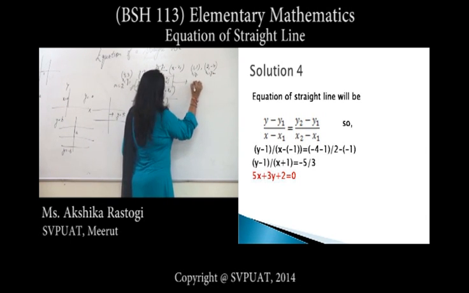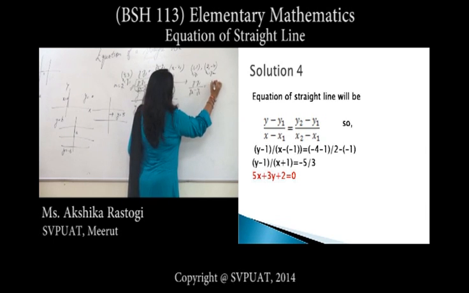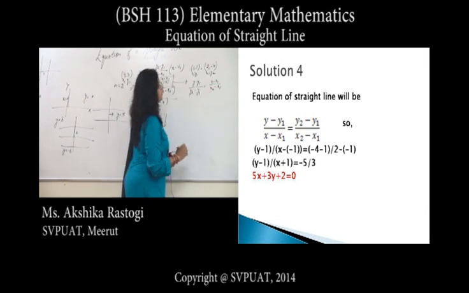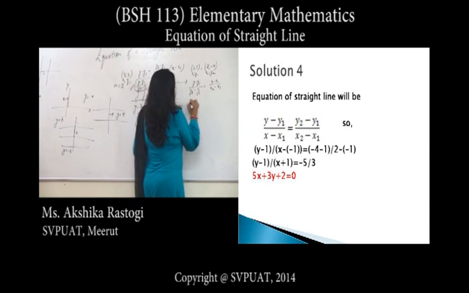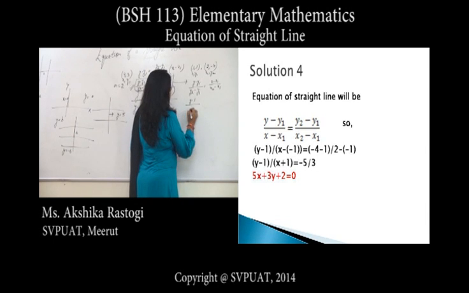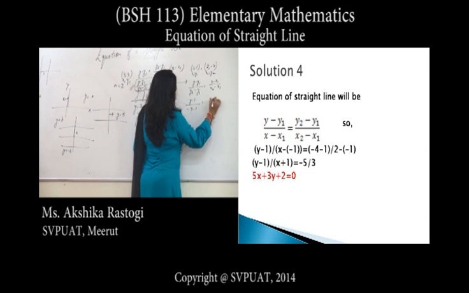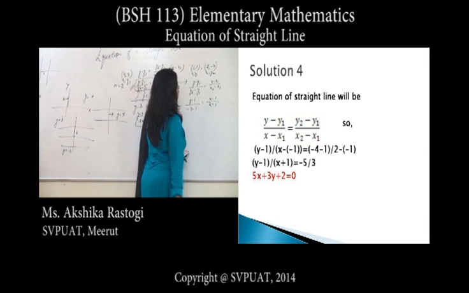Our standard equation is y minus y1 upon y2 minus y1 equals x minus x1 upon x2 minus x1. We can simply put the values in this: y minus 1 upon minus 4 minus 1 equals x minus 1 upon 2 minus 1.